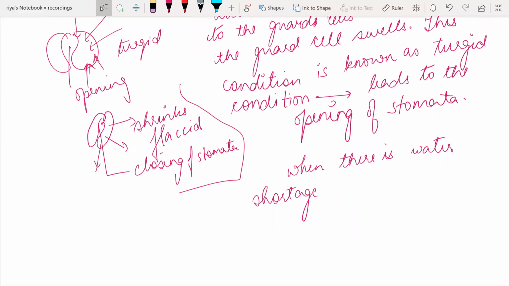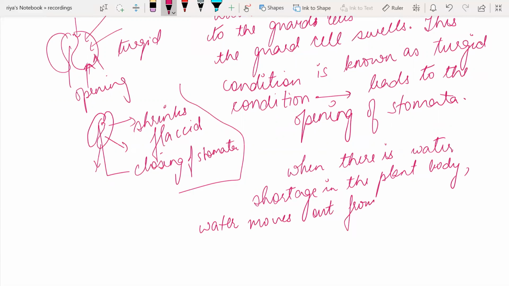When there is water shortage in the plant body, water moves out from the guard cell. Now, when water moves out from the guard cell, where does it go? Into the subsidiary cells.